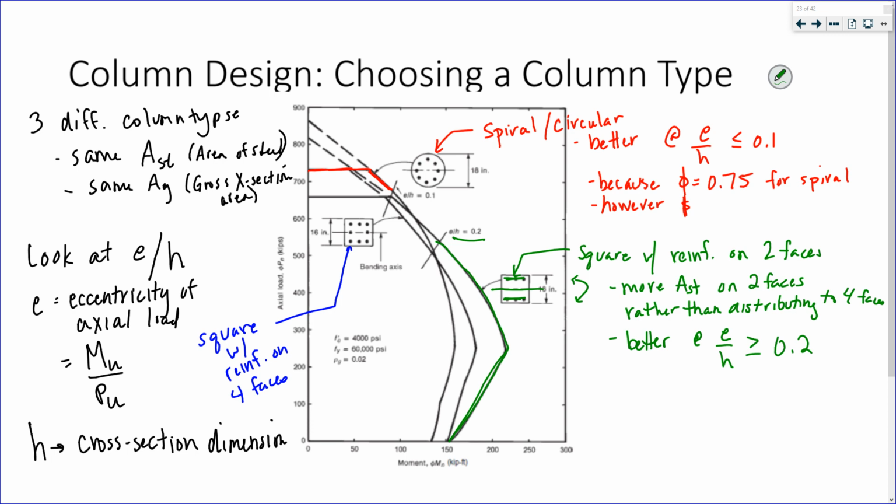And you could even make it rectangular for more moment capacity, right? If you make it rectangular, you're increasing that moment arm between your tensile reinforcement and your compression block. So if you increase that moment arm, you increase the moment capacity.